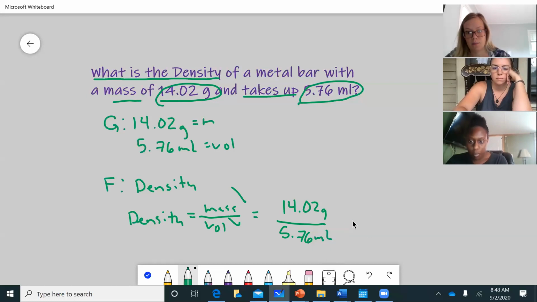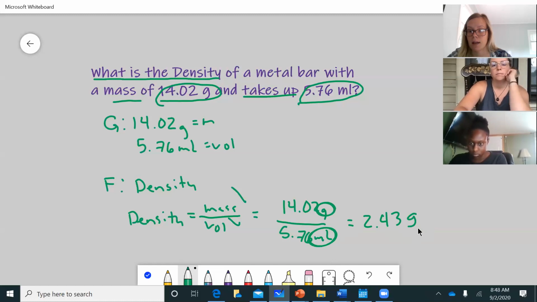And I end up with 2.43, and I'm going to go with 3 sig figs because the least precise is 3 sig figs. And I'm going to keep both units intact because neither of them canceled, right? So it's grams per milliliter. Units are just as important.